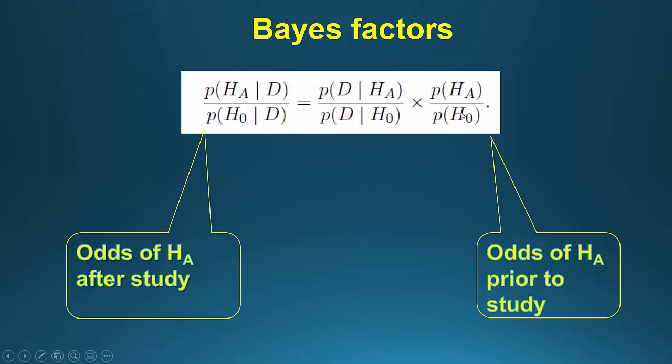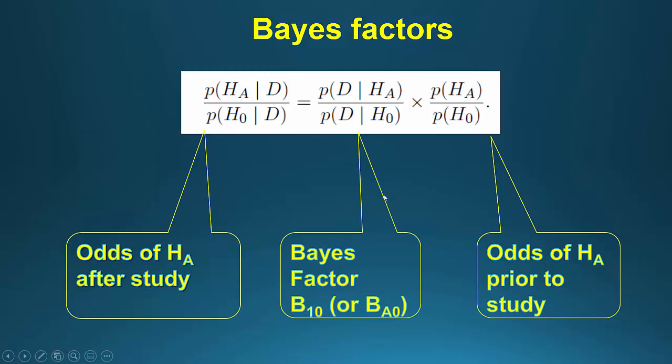And so the thing that converts the odds ratio before to the odds ratio afterwards is the Bayes factor, denoted BF10 or sometimes BFA0. So this is how much the odds have increased for the ratio of these two hypotheses from before to after the study. So bigger numbers indicate stronger evidence in favour after collecting the data of HA.